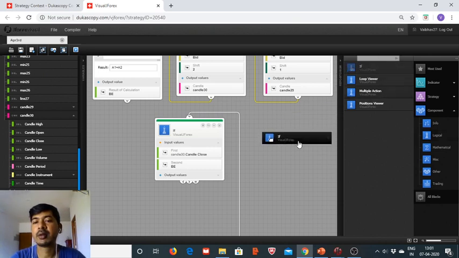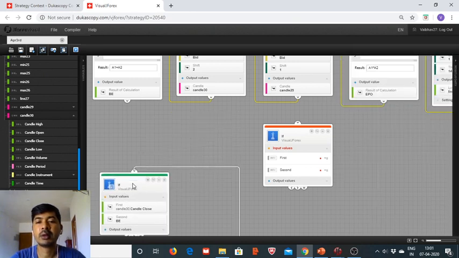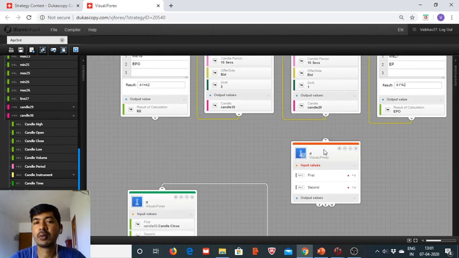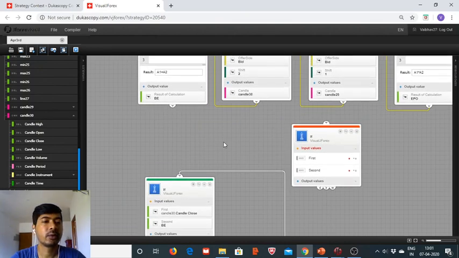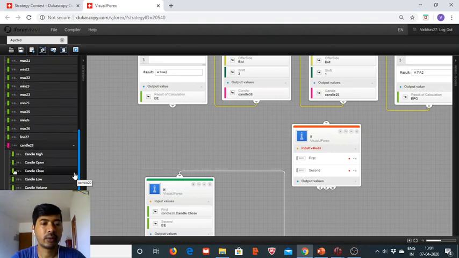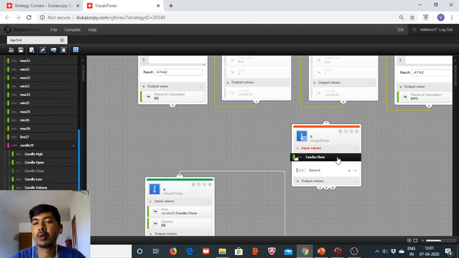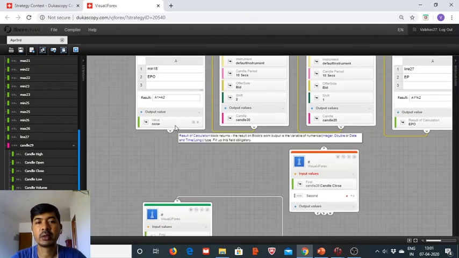Okay, so we have got this. Now we want candle 29's close. We are done with the 30. We want candle 29's close to be above the buy execution price.